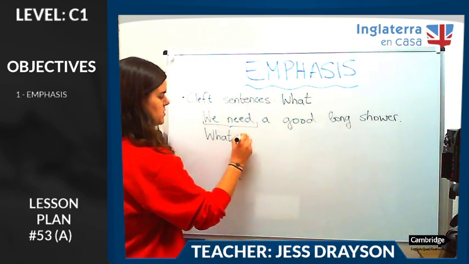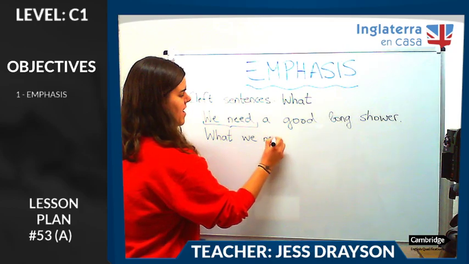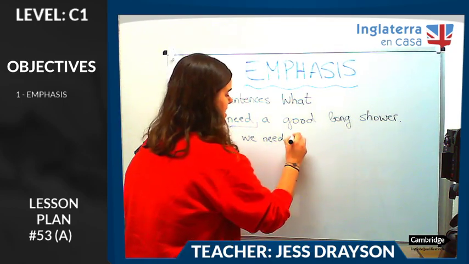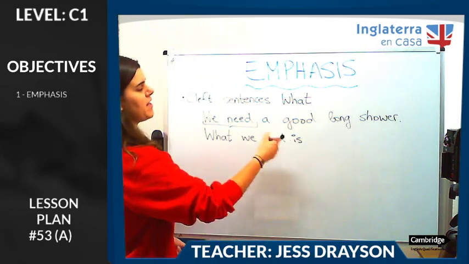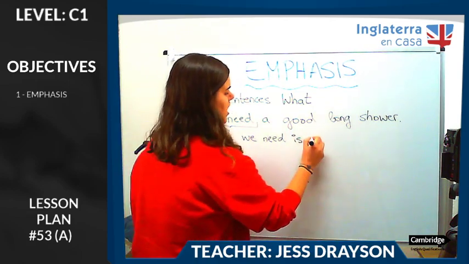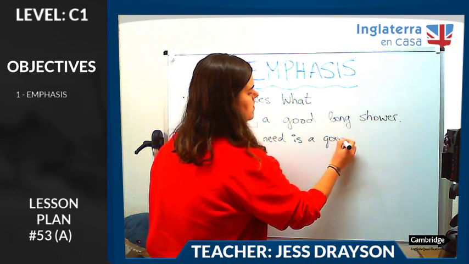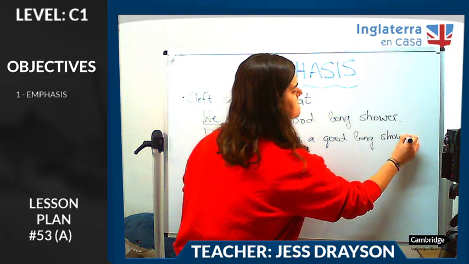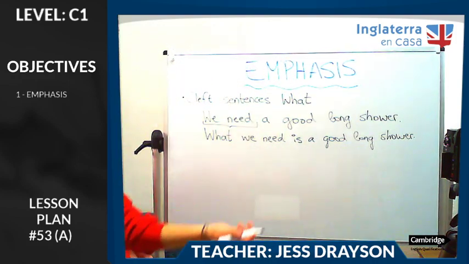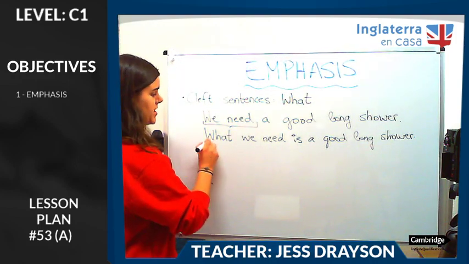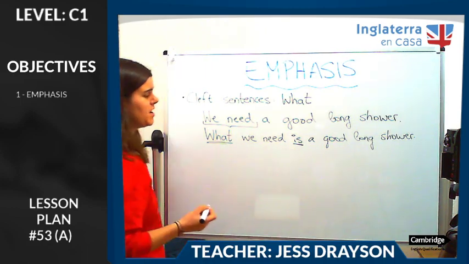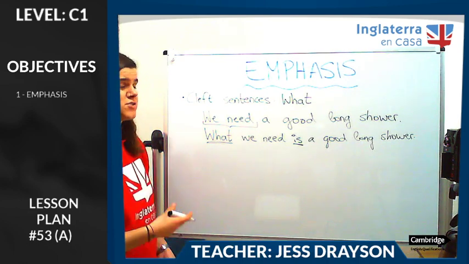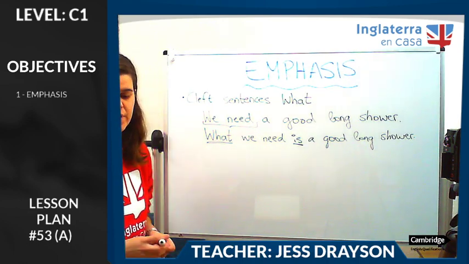Okay, this stays the same. So what we need, and then here is where you add the verb to be. So what we need is, and then the rest of the sentence, a good long shower. Okay, what we need is a good long shower. So all you're adding is this and this. But by adding these two words, you are automatically demonstrating a higher level. Okay.